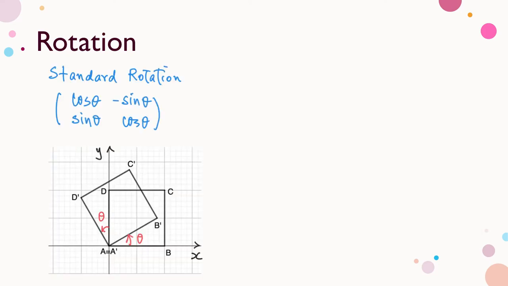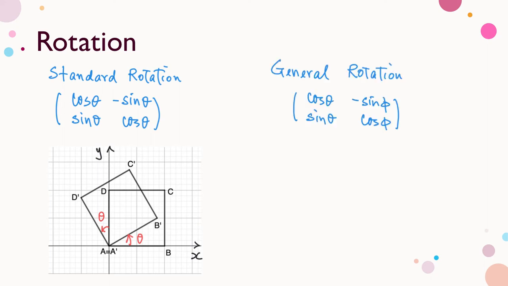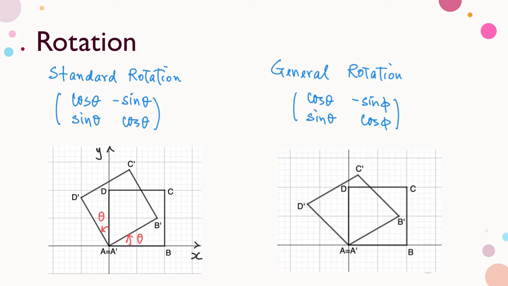Rotation is also a linear transformation, which is given by a square matrix. A standard rotation turns a unit square to a unit square shown in the diagram. A general rotation is given as, here the point on the x-axis is rotated by the angle theta, and the point on the y-axis is rotated by the angle phi.